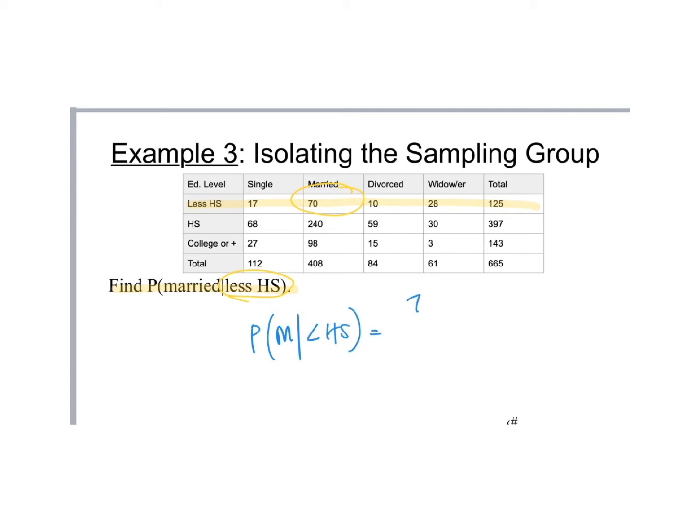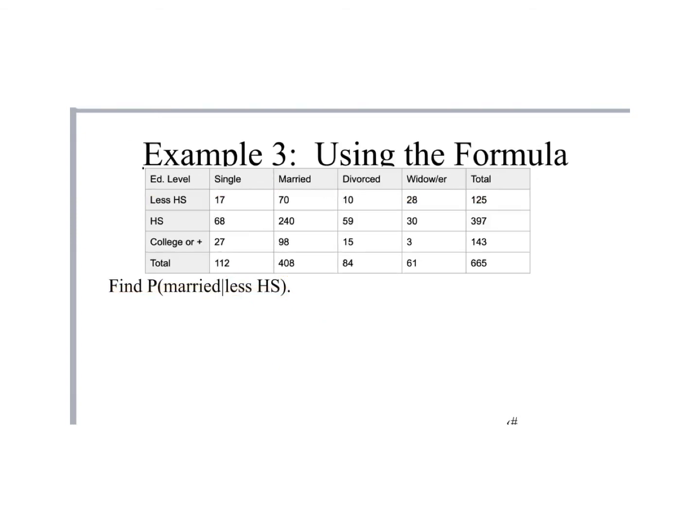We're going to do 70 divided by the group that we're taking it out of, which is all the people who have less than a high school degree, which is 125. So this gives us 0.56 or 56%.